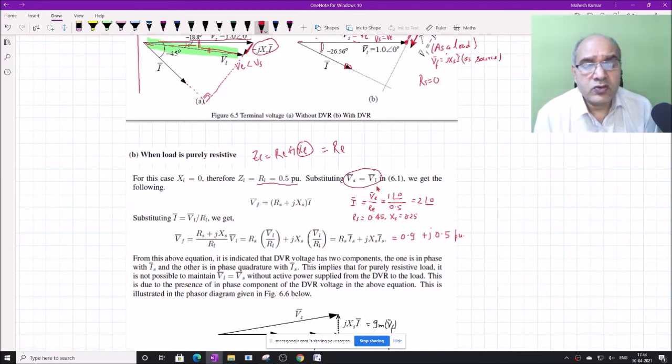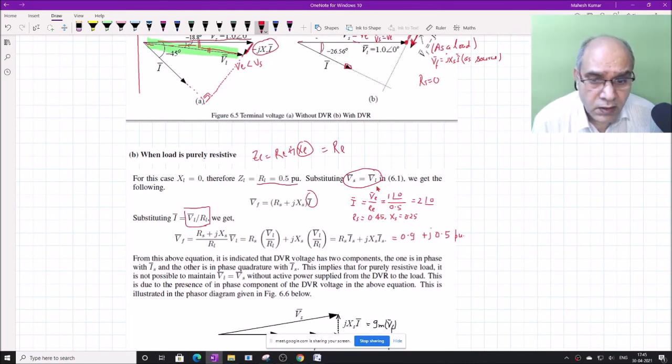So use the previous equation that Bf is equal to Rs plus Jxs into I for Bl equal to Bs. Then I is nothing but Bl by RL, because there is no reactance for the load. So we substitute I as Bl by RL, and it becomes: this is the first term, real term, Rs by RL into Bl plus Jxs Bl by RL.